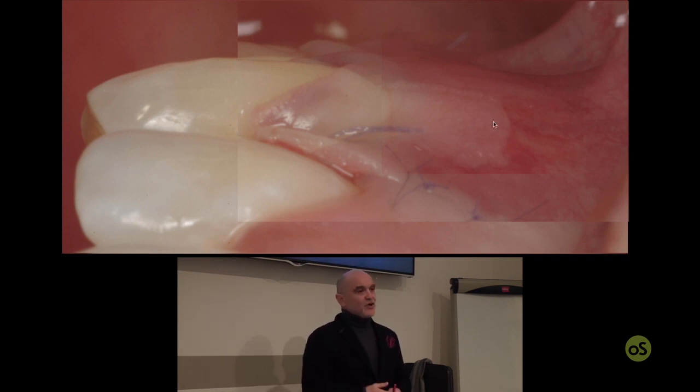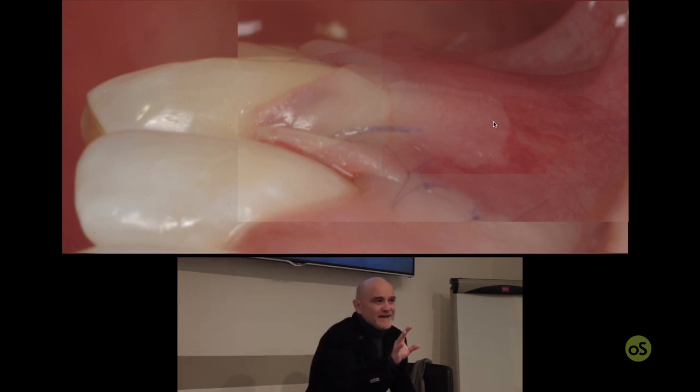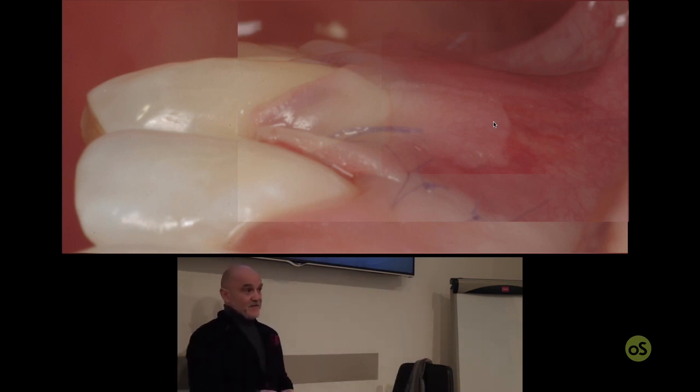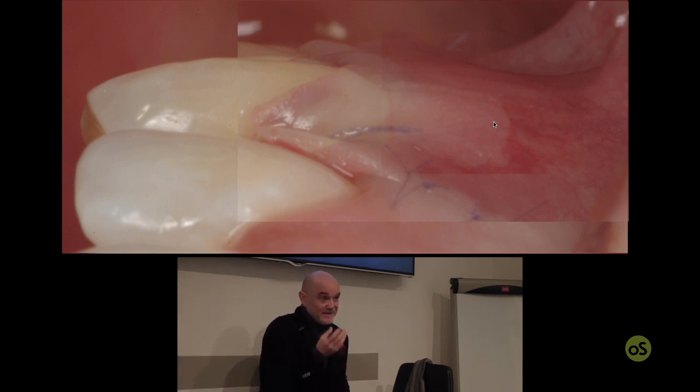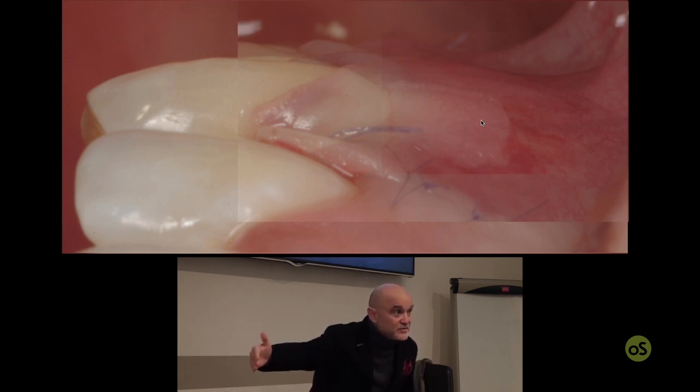What about the apical dimension of the graft? Do we need the graft to cover the root? No. We need the graft to compensate for the lack of keratinized tissue, yes or no? The reason why we use the graft is not because we want to cover the root with the graft, but because the keratinized tissue is not good enough and we want to increase it. So the apical dimension of the graft is not in relation to the depth of the recession.